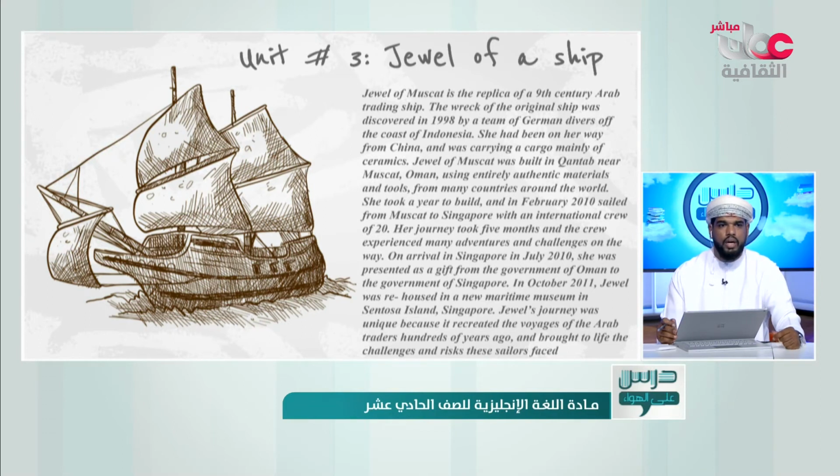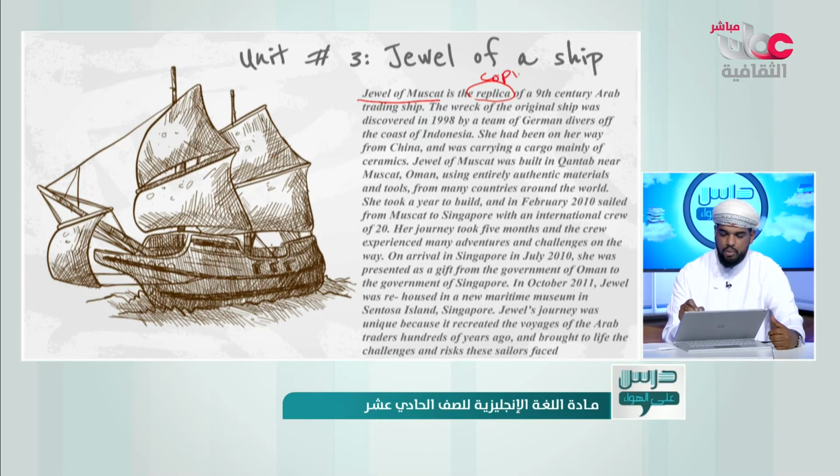And here we are talking about an Omani ship called Jewel of Muscat. It is a replica of a 9th century Arab trading ship. What is the meaning of replica? Copy.